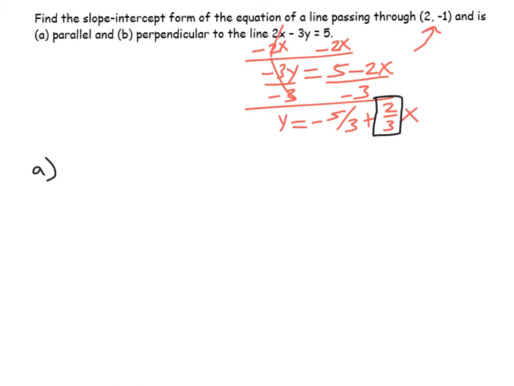So now I've got a slope, I've got a point. Think back to yesterday when we had our third form of a line called point-slope form, okay? y minus the y-coordinate that I know. That's from the point that was given. Now it's parallel, so I got to use the same slope. Right, it's parallel, so I got to use the same slope. This line, again, it's going through the point (2, -1). Got to have a slope of 2/3.